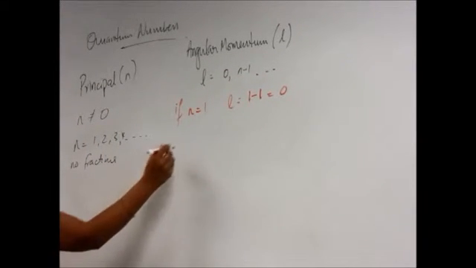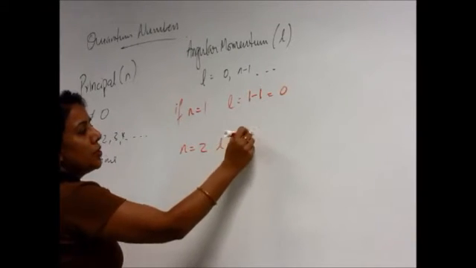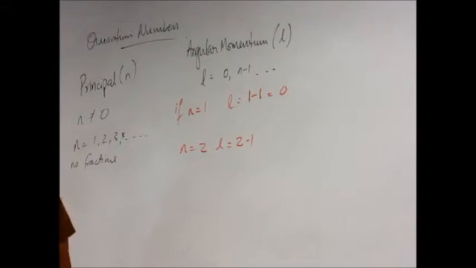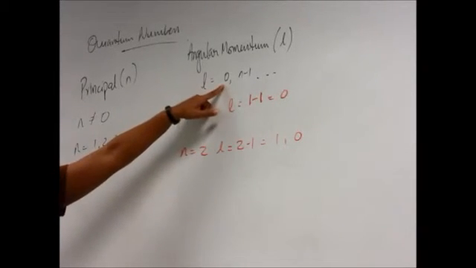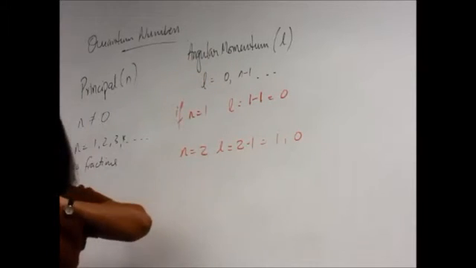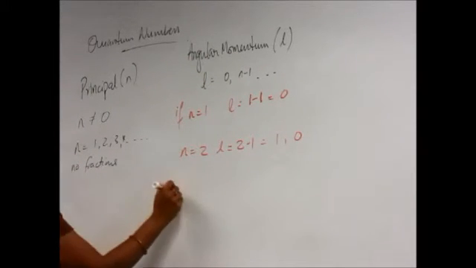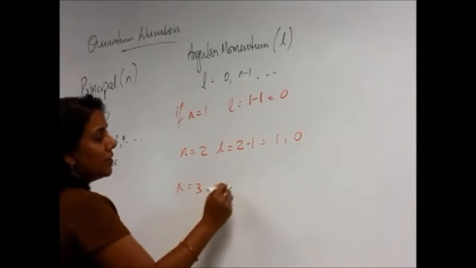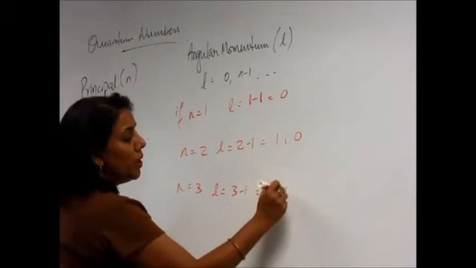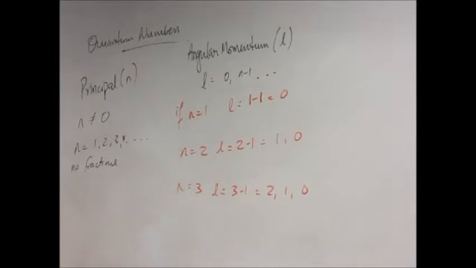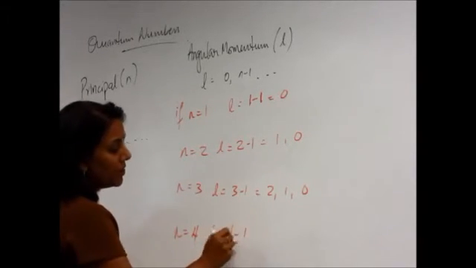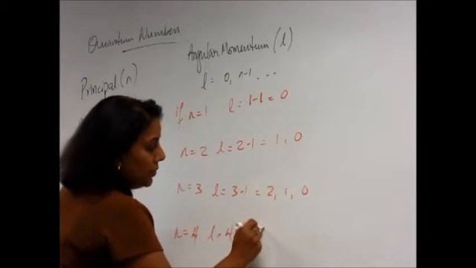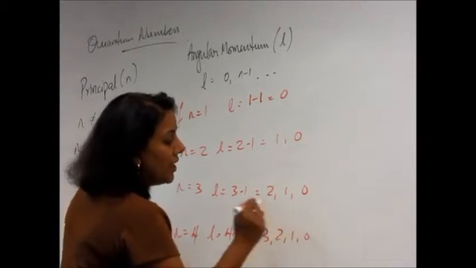If n is equal to 2, then L is equal to 2 minus 1, so it's not just going to be 1, but 1 and 0. If n is equal to 3, then L is equal to 3 minus 1, which is 2, 1, and 0. So there are 3 numbers possible if n is equal to 3. If n is equal to 4, then L is 4 minus 1, that is 3, 2, 1, and 0.